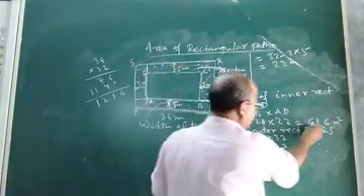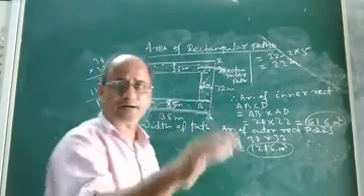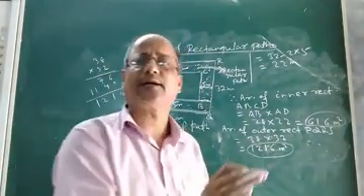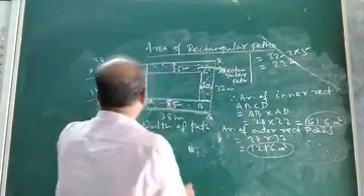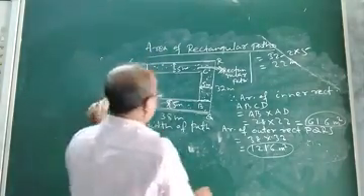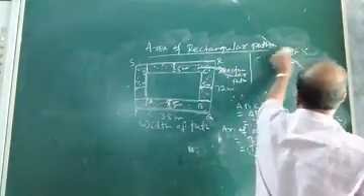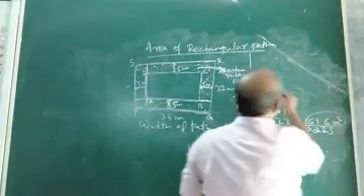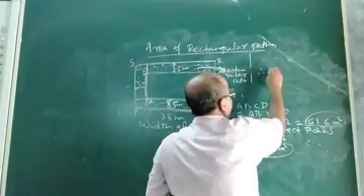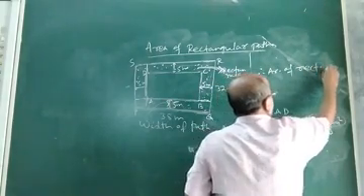Now if you subtract this area from this area, as I told you, area of rectangular path means area of outer rectangle minus area of inner rectangle. Therefore, area of rectangular path.